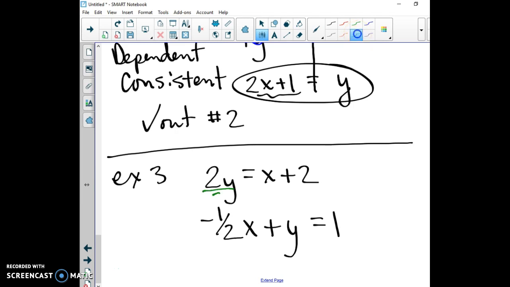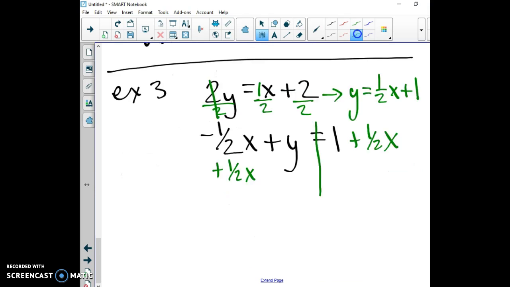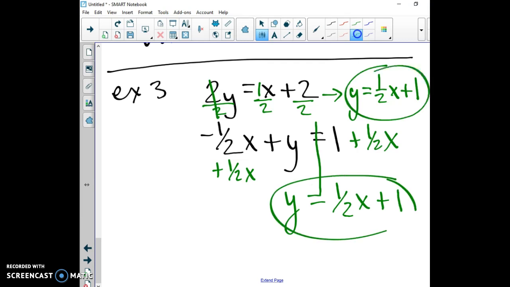If I divide everything on the top by 2, I get y equals 1/2 x plus 1. If I do that down here, I want to put it into slope-intercept form. I'm going to add 1/2 x to both sides. I also see y equals 1/2 x plus 1. I see the identical line, so we can manipulate the equations algebraically to see if they are exactly the same.